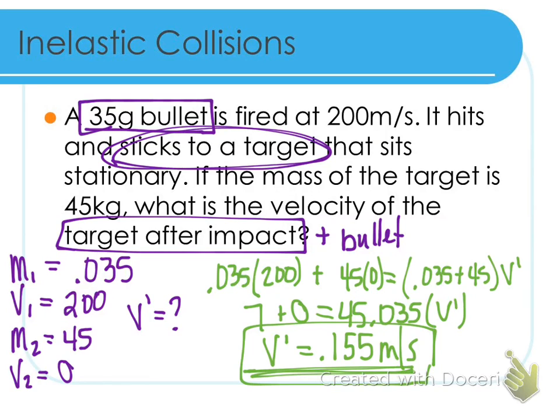Okay, so that's going to be where we stop today with collisions. You've got an equation for elastic collisions and inelastic collisions that you're going to put to good use. So both of those equations should be on your equation sheet and out handy for you to use during these problems. Remember that it is essential that you convert those grams. Anytime our mass is given in grams, it must be put into kilograms.